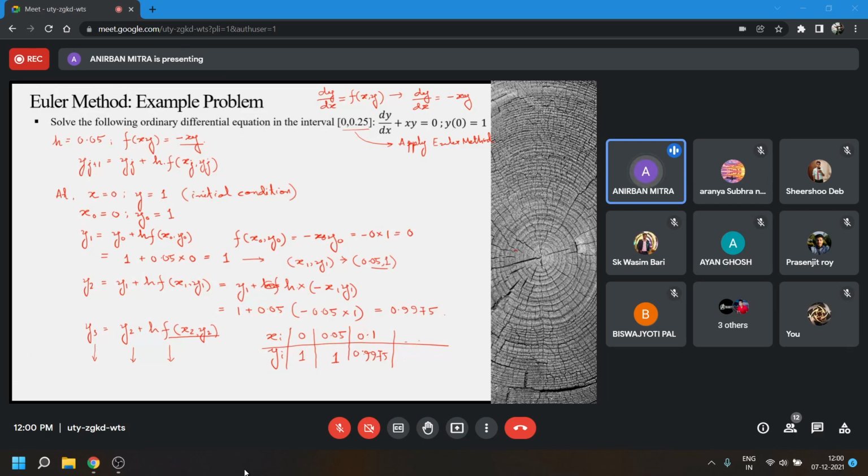Now, the question is, how close is this to the actual solution, the exact solution? Can anybody tell me what would be the exact solution for this ODE, dy/dx plus xy equal to 0? What would be the actual solution? Take your time.